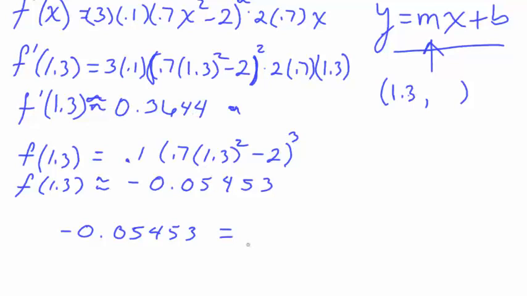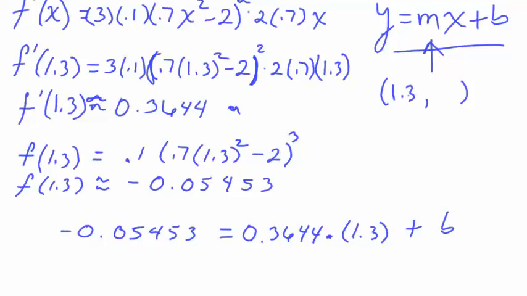It's 0.3644. Now this is a science; it's called significant figures. Then plus our b, and so now we want to solve for b in this problem.